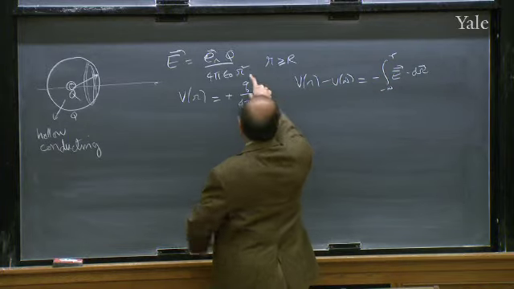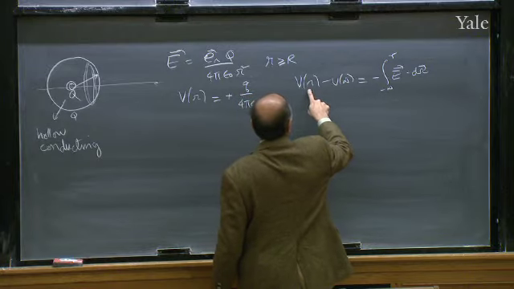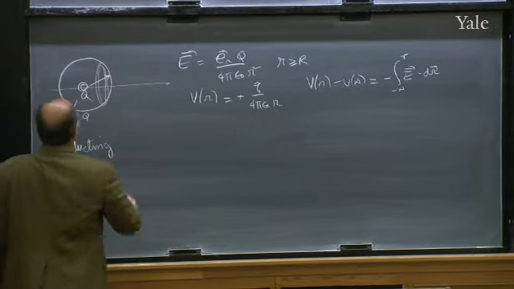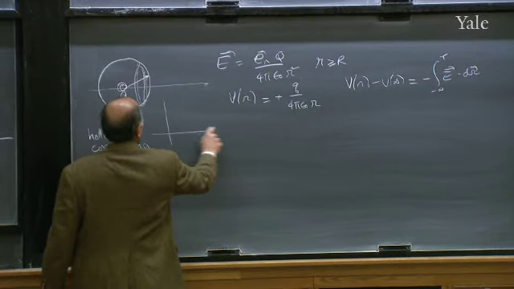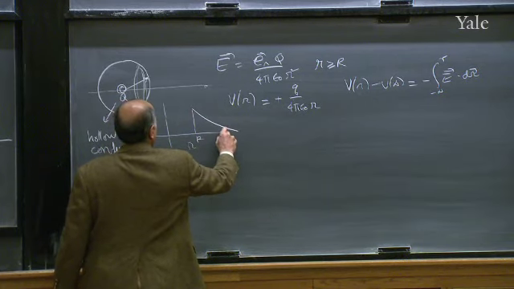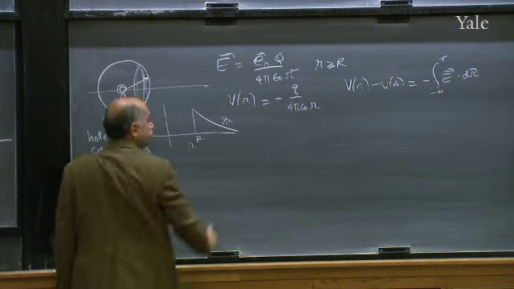If you just take the field of a point charge and do the integral, you will get the potential of a point charge, which is this. So if I draw the potential as a function of radius, it will look exactly like that of a point charge, falling like 1 over r.